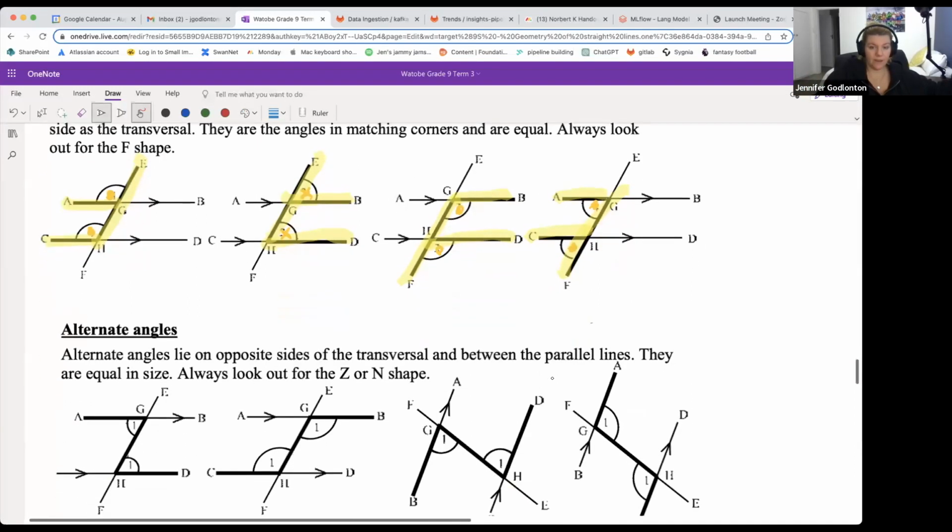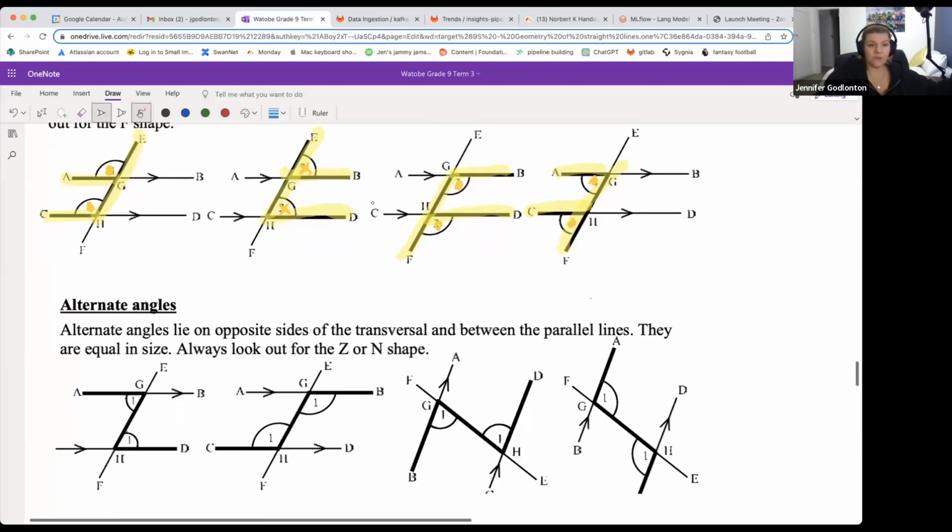Okay. Alternate angles is when we are looking for a Z or an N. So whichever way you find it easier to remember, I learned it as a Z, and so that's what I look for. Okay, so here is my Z there. There is my Z, and there is my Z. It depends on how you learned it, and it will be easier for you to remember.